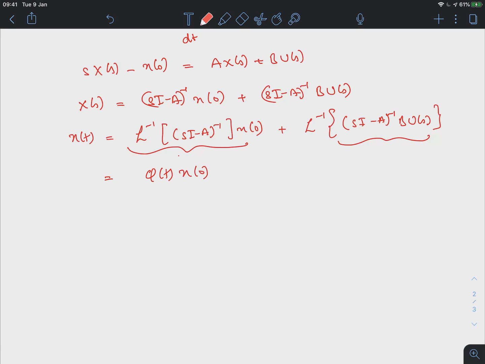This we have seen already because this term is the state transition matrix, plus using that property the Laplace inverse would become the convolution, meaning to say integral 0 to t phi of (t minus tau). Phi basically comes from the Laplace inverse of this thing, times B u of tau d tau. Okay, this is the complete solution in the state space.